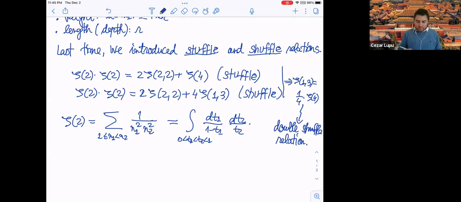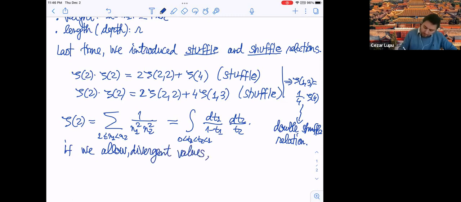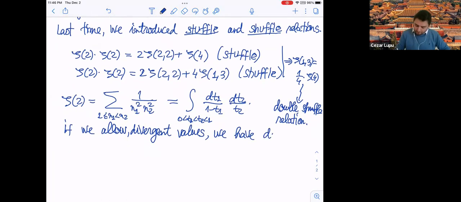But also, we said that if we allow divergent values, such as, let's say, zeta of 1, we have what's called the double shuffle regularization.